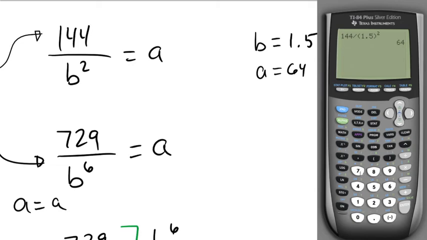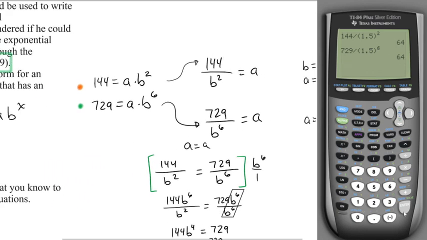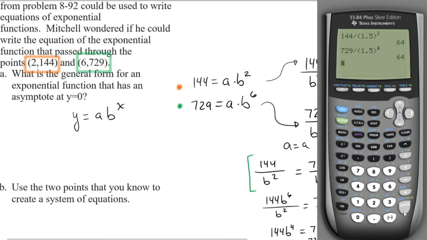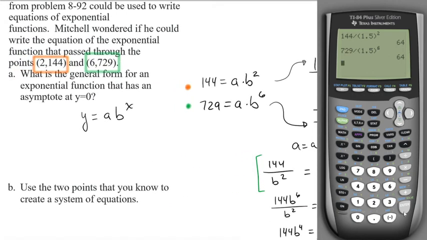So the other equation is the 729, and I'm going to divide that by b to the 6th power. Okay, so I've got my 1.5, and I'm going to raise that to the 6th power. When I do that, great news, I also get that a is 64. So because I know my 2 parameters, I can now write the equation, the exponential curve that goes through these 2 points.